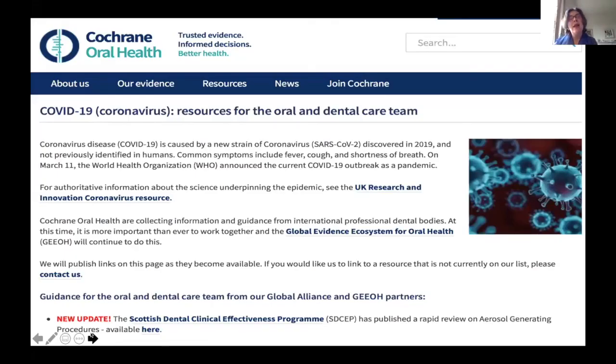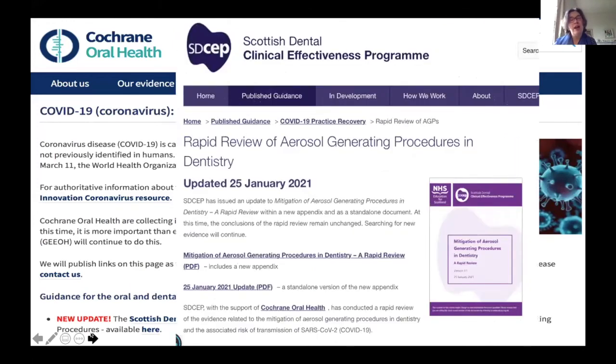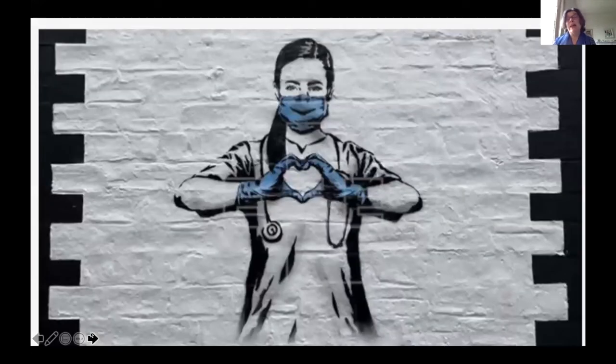And I'd like to think that actually Cochrane Oral Health, working alongside the Scottish Dental Clinical Effectiveness Programme, are having similar ambitions. We're wanting to support the dental workforce going forward and providing the highest quality evidence in the most rapid way possible, being open about what we're doing and certainly sharing it with the world.